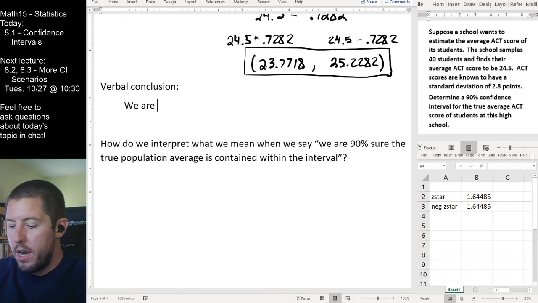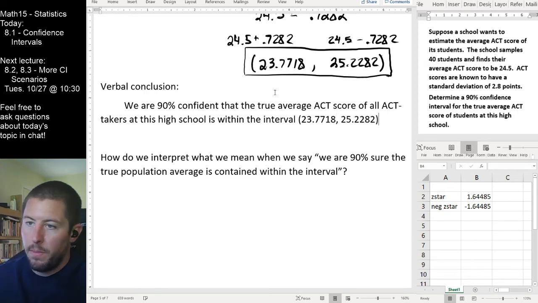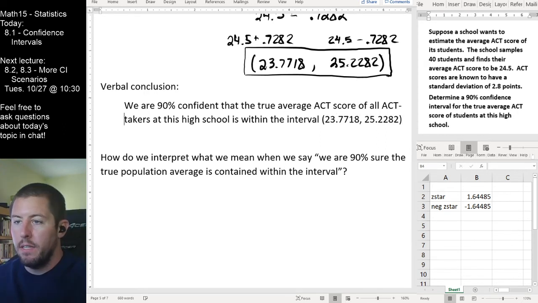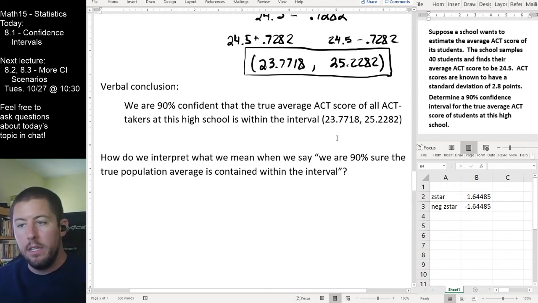We are 90% confident that the true average ACT score of all ACT takers at this high school is within the interval 23.7718 to 25.2282. Right? We are 90% confident that the true average ACT score, that's mu, of all ACT takers at this high school is within this given interval.